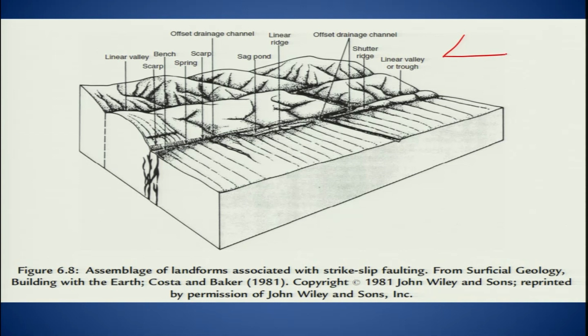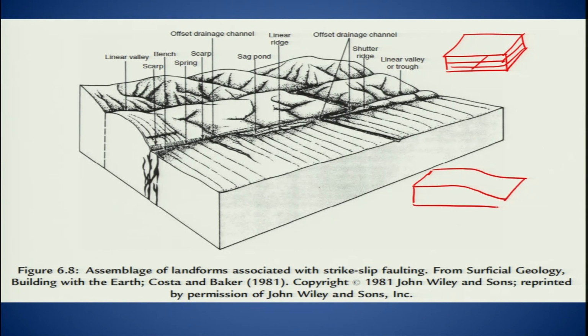So if you are having, for example, the horizontal surface here before deformation, and then after the deformation, in case of the reverse fault, what you will see is the fault scarp which has been formed like this. Okay. So you have the fault which is sitting here, or to be slightly precise, over here. So this block has moved up.